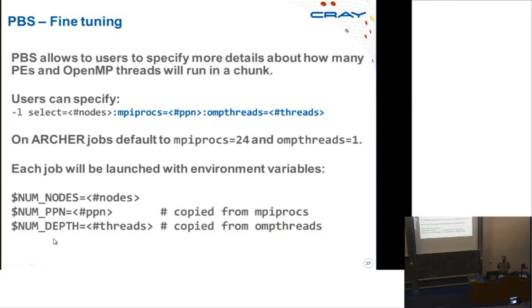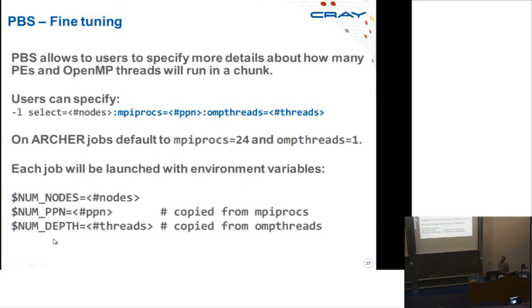So you may say, I've lost a lot of my selectivity. This isn't as descriptive as I used to have with mppwidth, mppnppn. So we can add extra options here to pass details to the job. We can tell it how many PEs we want per node. In PBS's world, they only think in MPI, so they've called this mpiprocs.